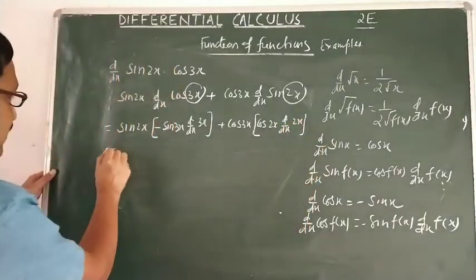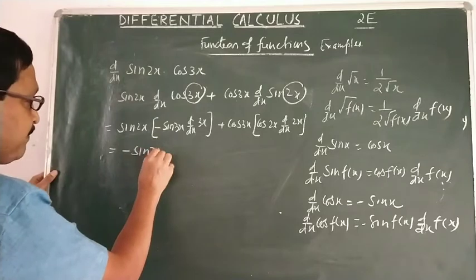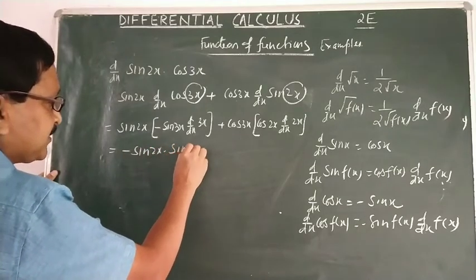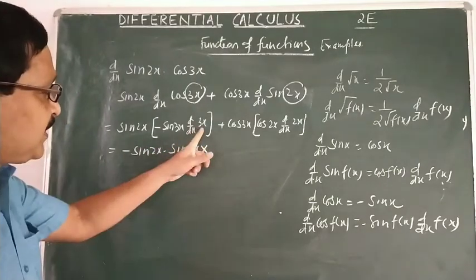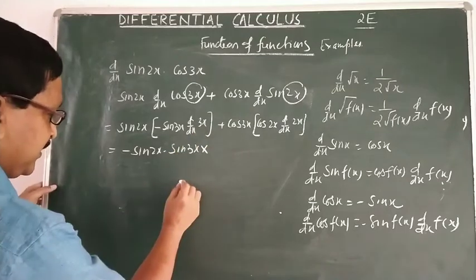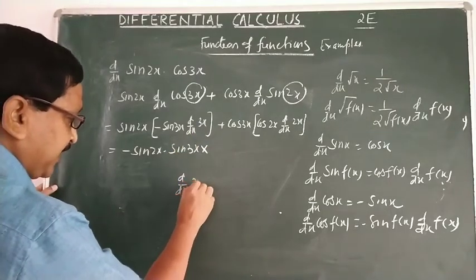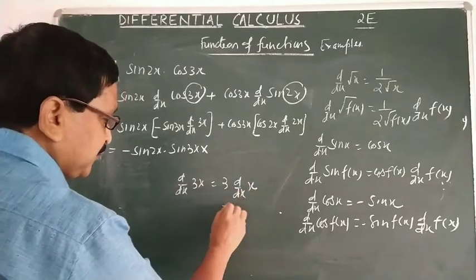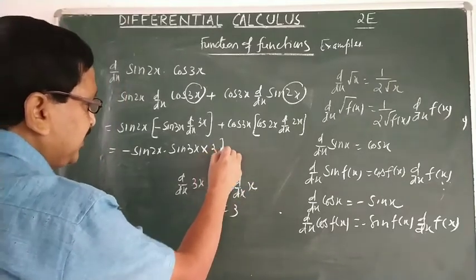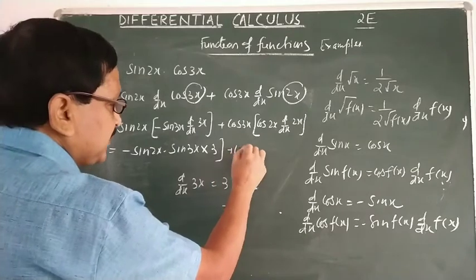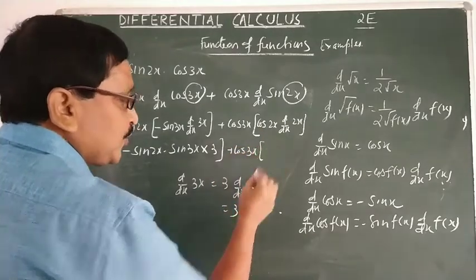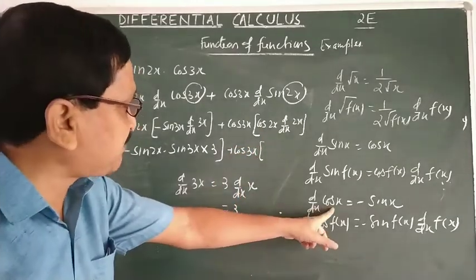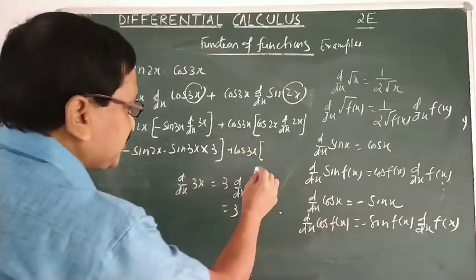Now this is minus sin 2x into sin 3x into d by dx of 3x. d by dx of 3x is 3 outside, d by dx of x, so this is 3, plus cos 3x cos 2x as usual.